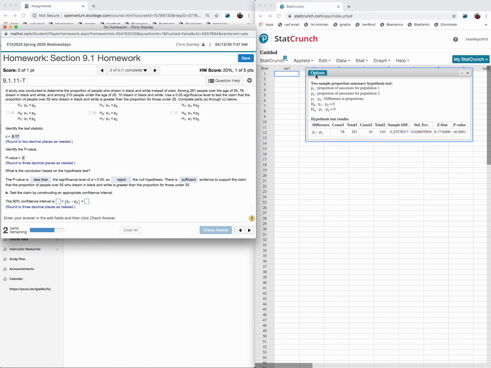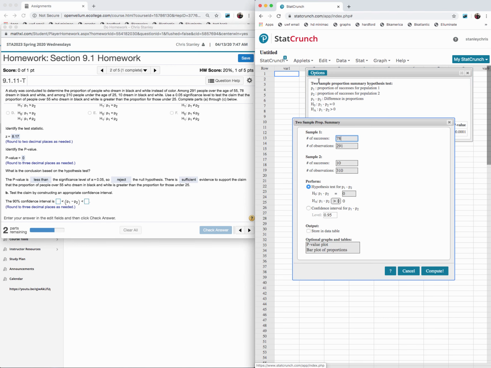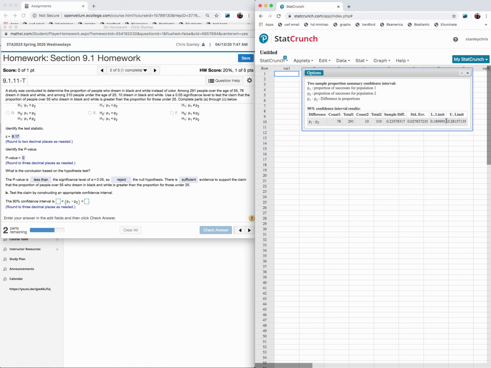Okay, find the confidence interval. Just go back and change it there. We want to change the 95 to a 90. And there's our interval.